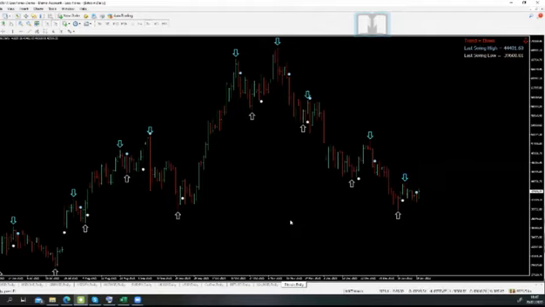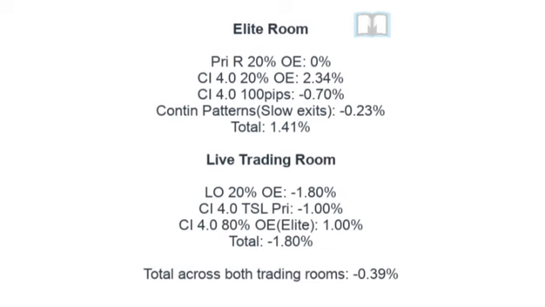Okay. So that's the market update. And what we'll do is we'll go through the figures for our two trading rooms this week. So the first one being the elite room, and on the elite room this week we had nothing on the primary runners, but on the cash in, where I told you about the Brent Oil, we took the trade and that gave us a return of 2.34%.